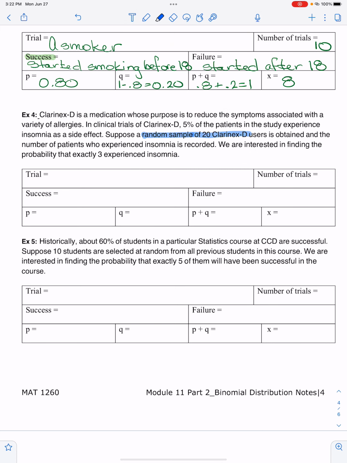Random sample. So I've got 20 trials. Our trial is an individual using Clarinex D.